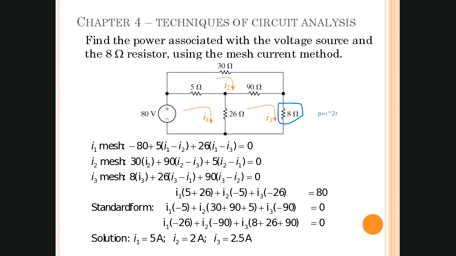We set up a convention, and let me try to do it this way. We can say that it goes from plus to minus here, and then here again from plus to minus.